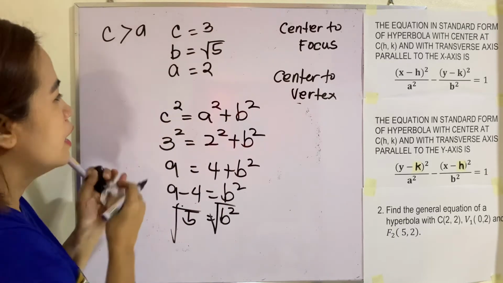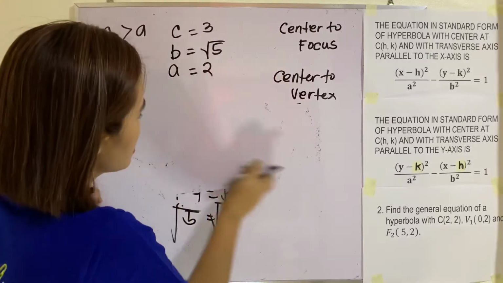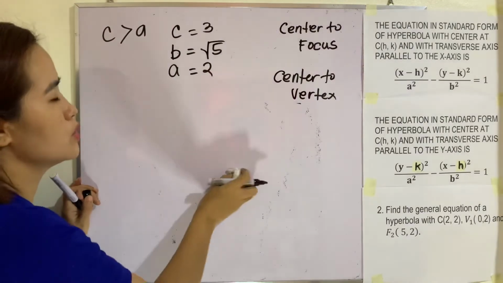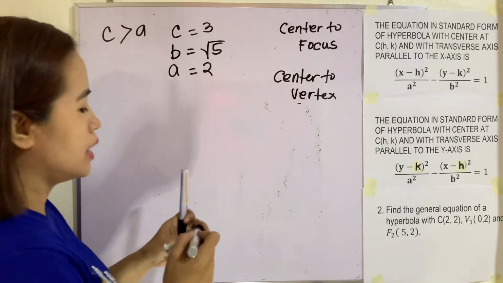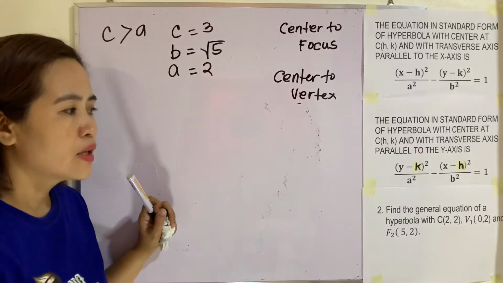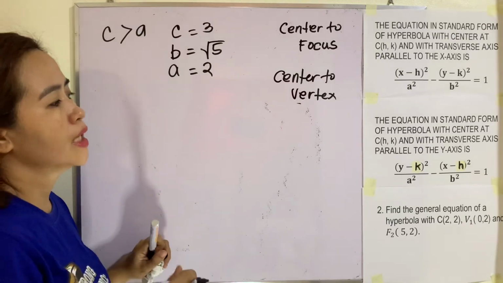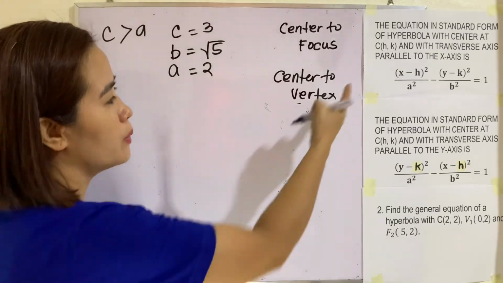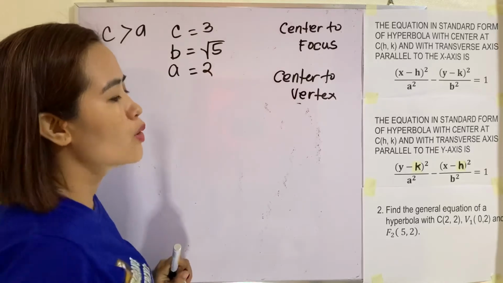Okay. Now, what standard form are we going to use? If you will analyze it, remember that these three points are on the transverse axis. So which standard form are we going to use?